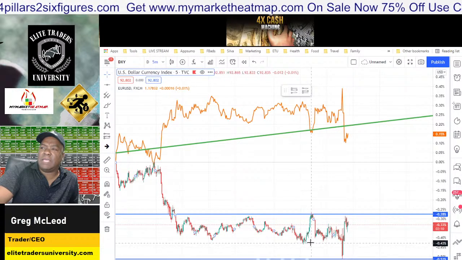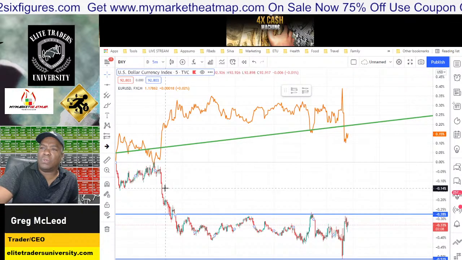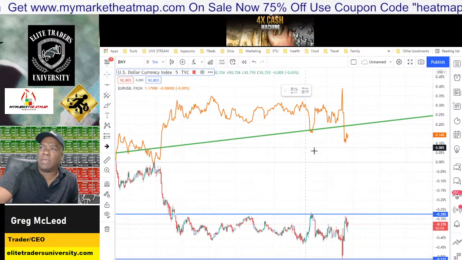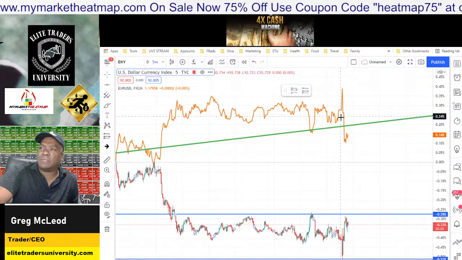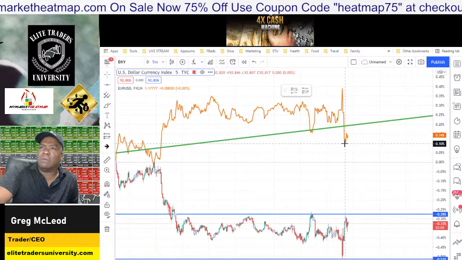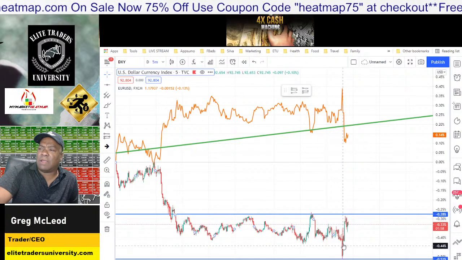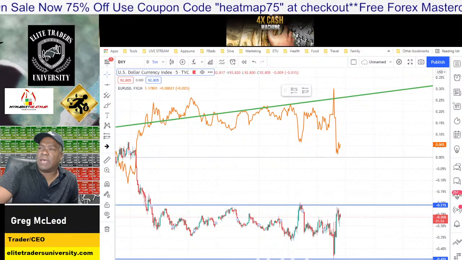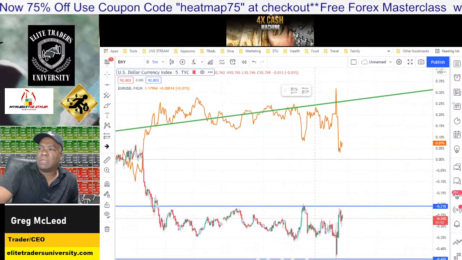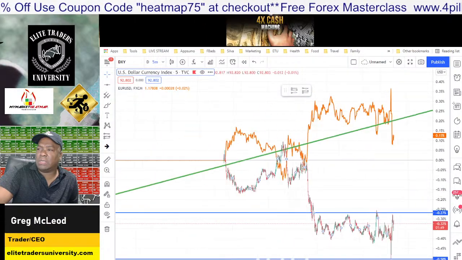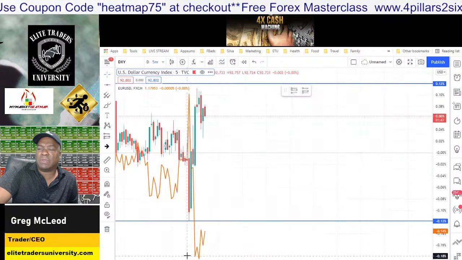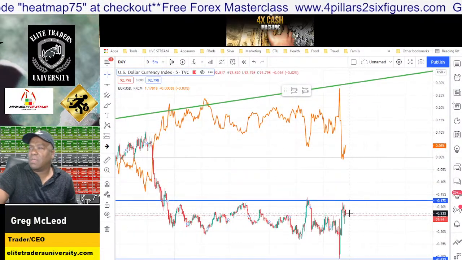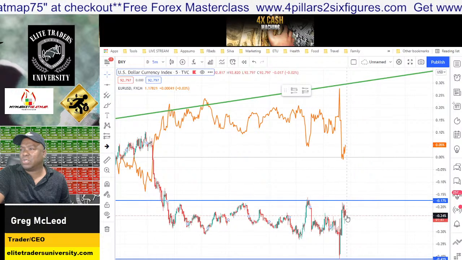And so if we see the dollar strengthening, it usually means that the euro is weakening, like here, right? And so here we have this drop where we are right now in the euro, and we had a rise in the dollar, and we can see that the dollar's actually, there we go, it's getting more bearish, right?